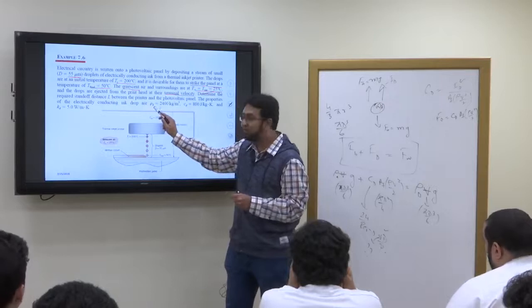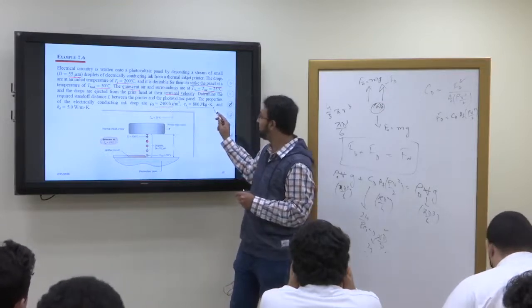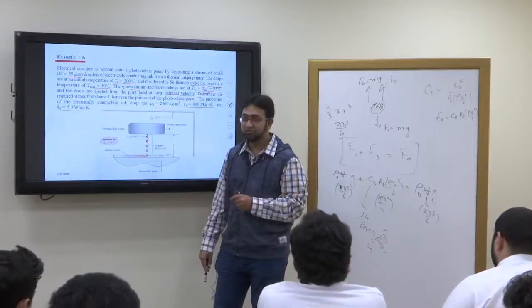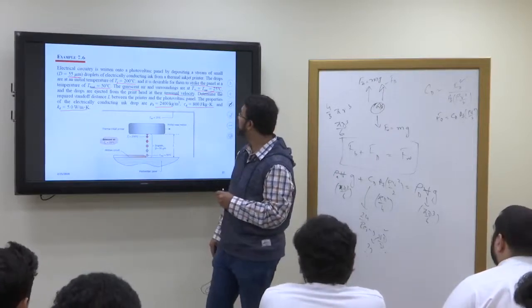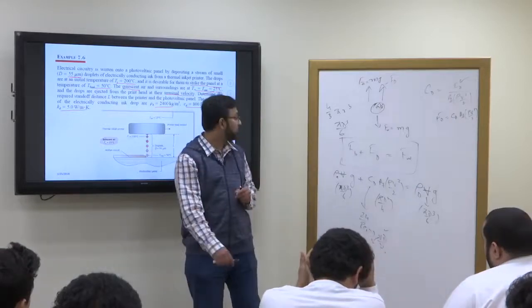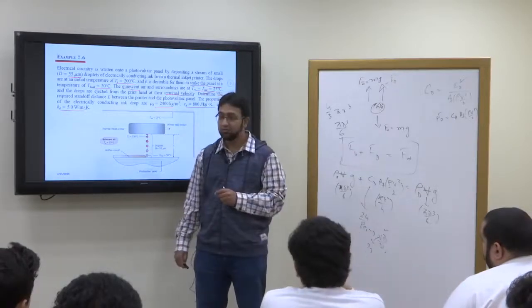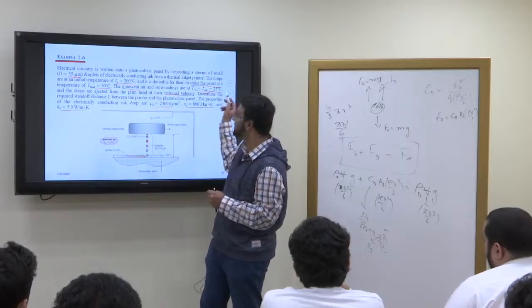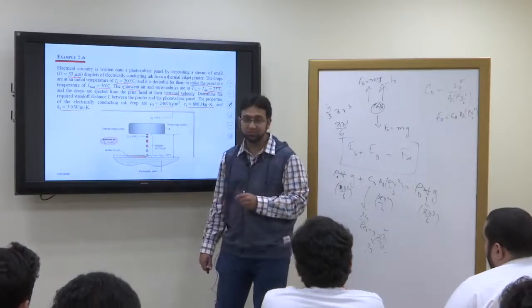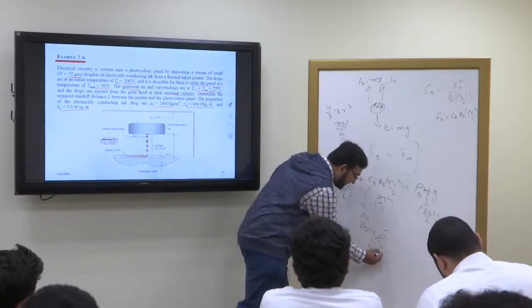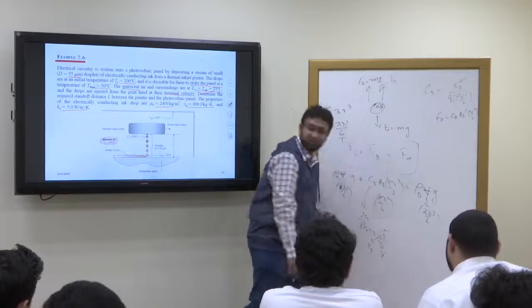Density of the droplet is given, CD of the droplet is given, K of the droplet is given. Okay? So we have all of these properties, and we can determine the properties for the air. The air is under quiescent conditions, 25 degrees centigrade. So this mu will be for the air at 25 degrees centigrade.